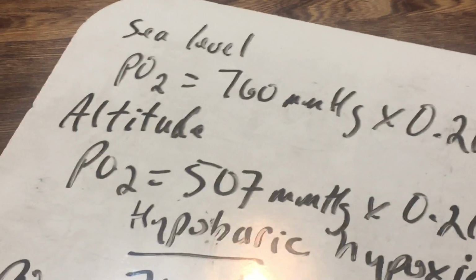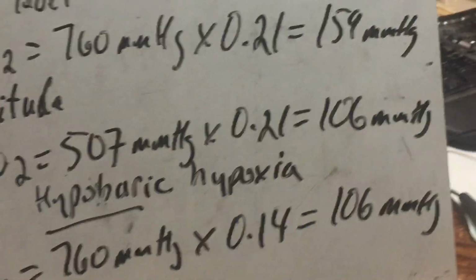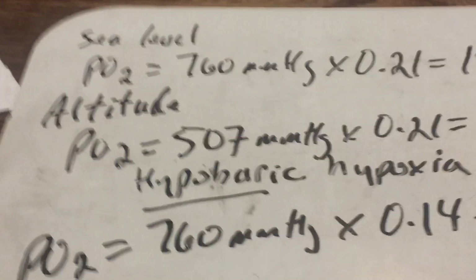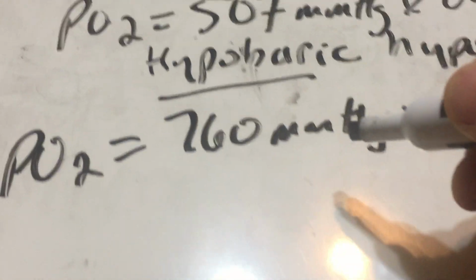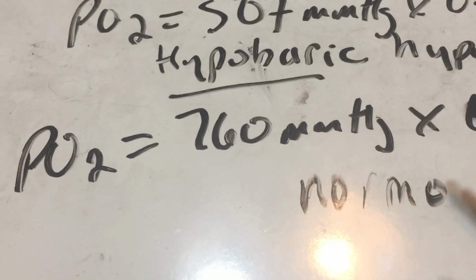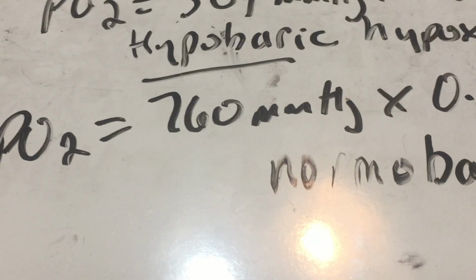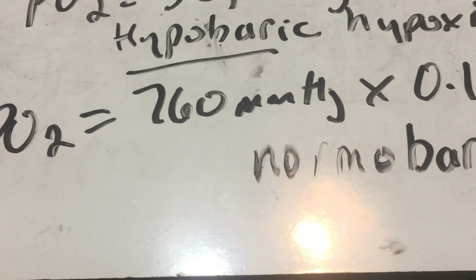Now, the key here is that over the years, they've conducted quite a few experiments at sea level using what's called normobaric hypoxia. Again, this is a term that we went over last day.